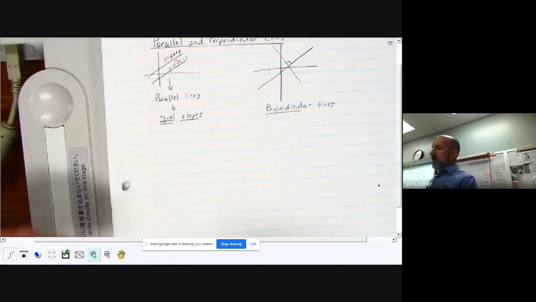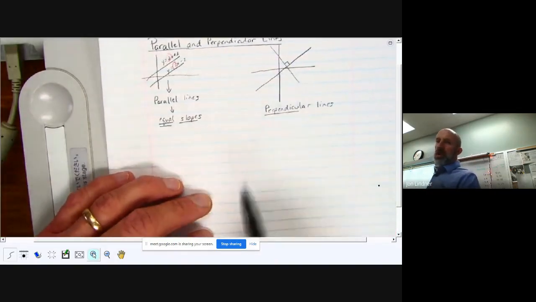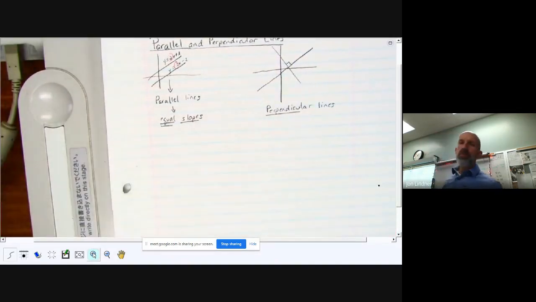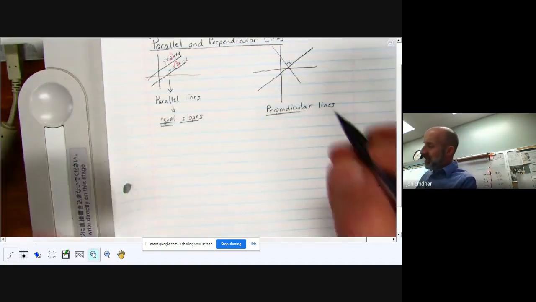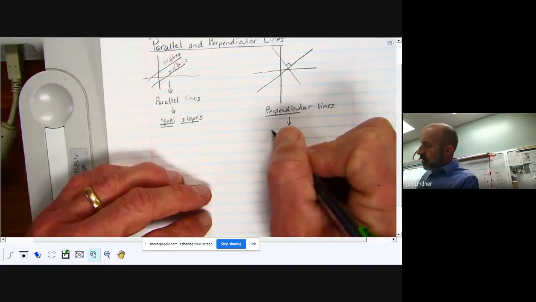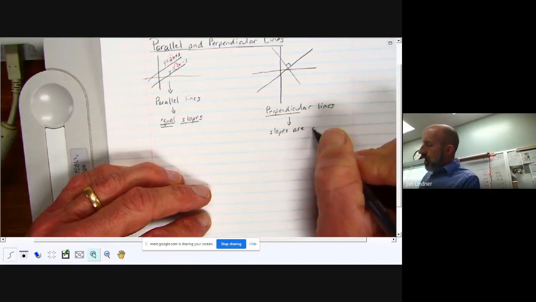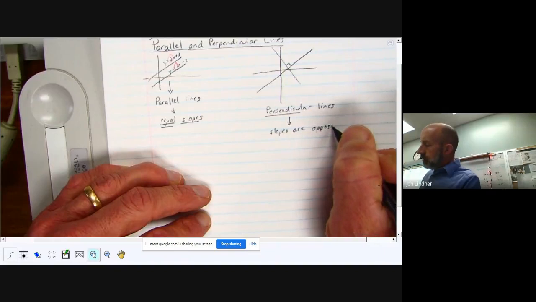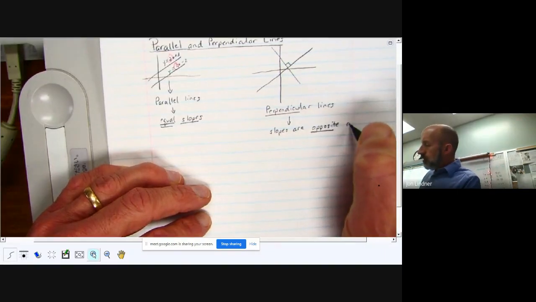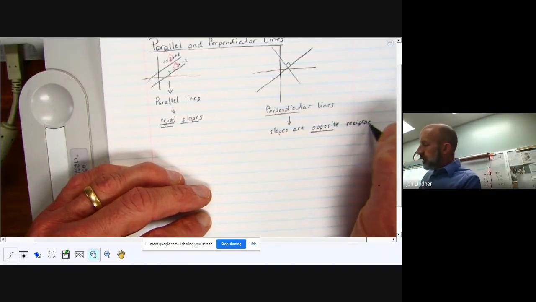That would be an example of two perpendicular lines that I drew up there. And here's the difference. It's obvious that their slopes are not the same. In this case, the slopes are opposite reciprocals.